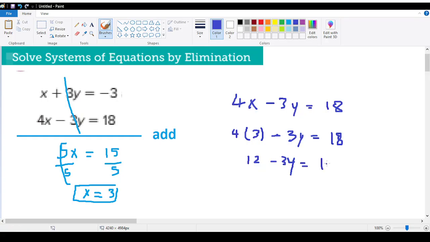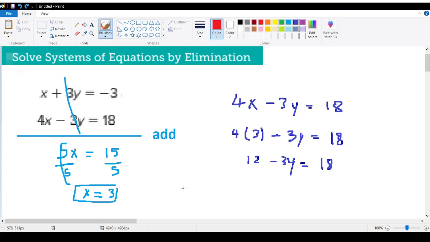equals 18. Now what should we do, Shamsa? We minus the 12 and 3. No. You cannot subtract these two numbers because the 3 is multiplied with y. So those are 1 unit. You cannot subtract this with that.